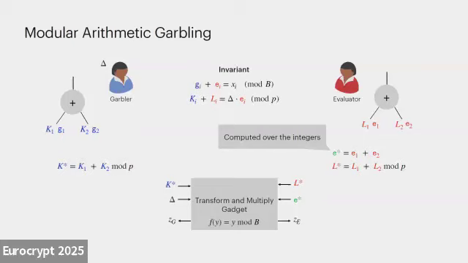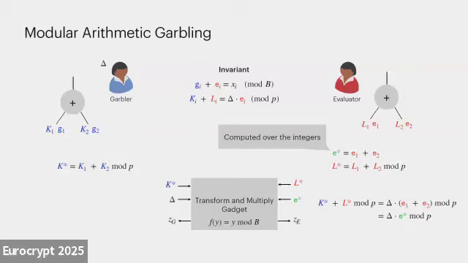And now they get some shares, ZG and ZE. What I want to argue is that ZG and ZE are actually shares of delta times E star mod B. The function we're going to use for the transform and multiply gadget is just reduction mod B. First, we need to make sure the invariant holds, which is that the parties' K star and L star actually are shares of delta times E star.